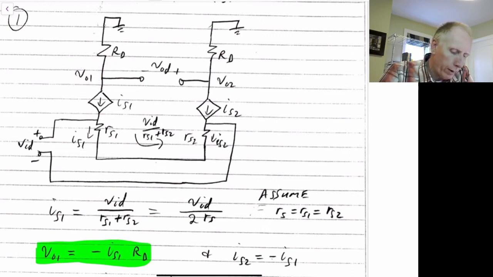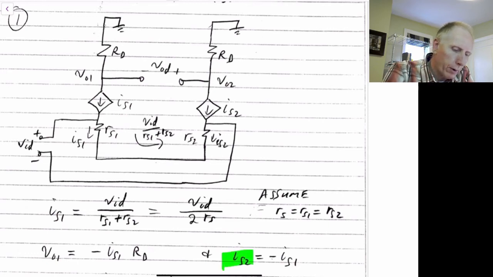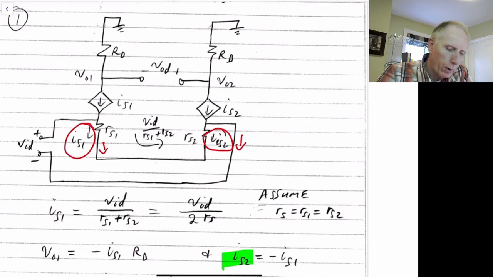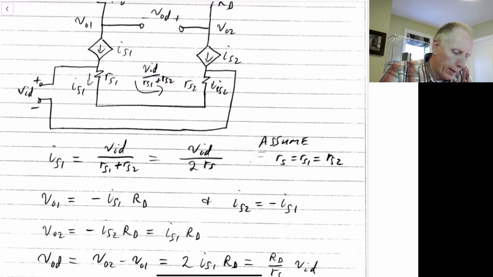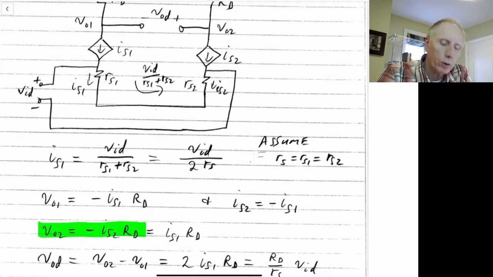Now, we also have that IS2, the current through this resistor, is going to be minus IS1 just by the sign, because this is defined in this direction and this one is defined in this direction. So IS2 is the negative of IS1 by definition. So then we put that in, we have that VO2 is equal to minus IS2 times RD, but because IS2 is equal to minus IS1, it's equal to IS1 times RD.